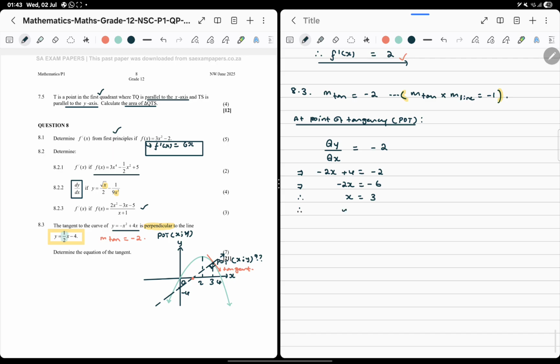We can say therefore y here is going to be minus 3 squared plus 4 into 3, which is, now this is -9 plus 12, this is 3.